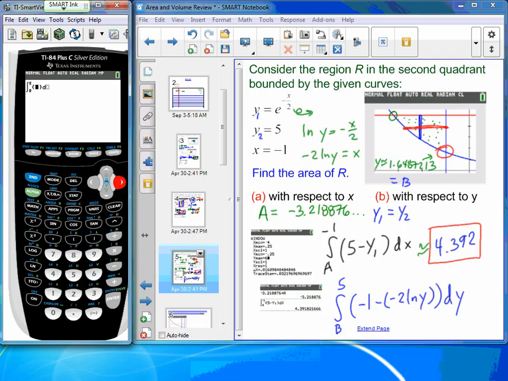Right curve solved for x is x equals -1, minus left curve solved for x is minus, so I'm going to just go plus, don't tell anyone, plus 2 ln y. Oh gosh, oh Jiminy crickets! 4.392. Hey, math works.